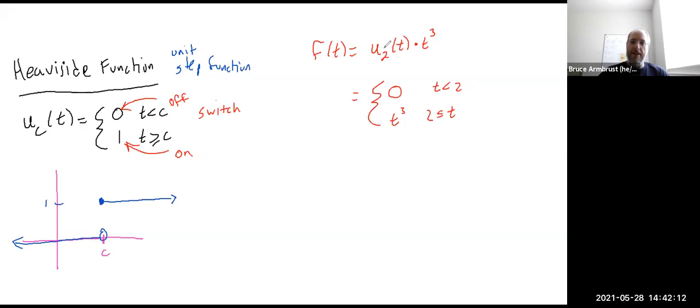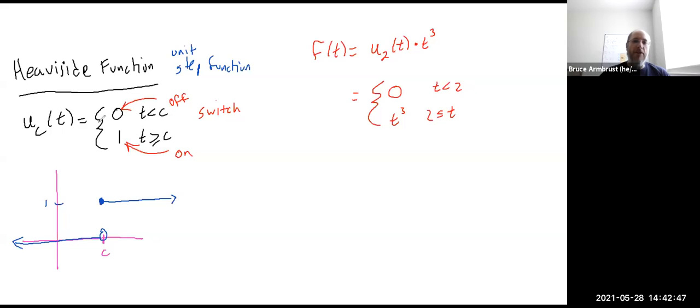As soon as I see u sub 2 of t times t cubed, that tells me t cubed is doing nothing until we hit 2, and as soon as we hit 2, t cubed turns on. So when you have a piecewise function, you can write it as a series of Heaviside functions instead.